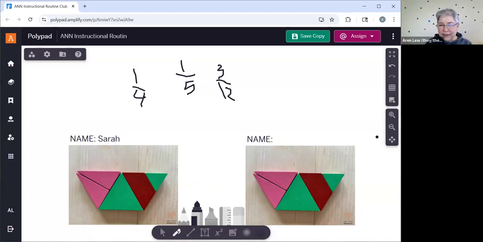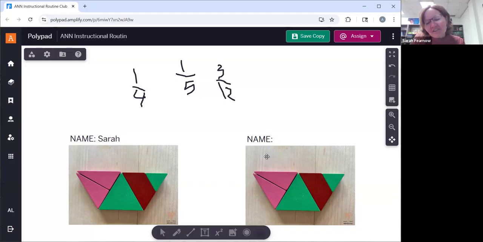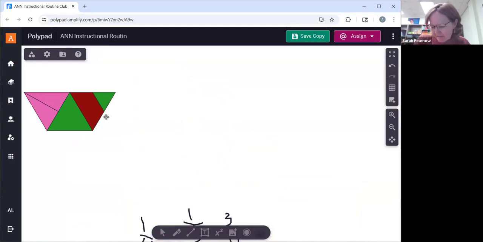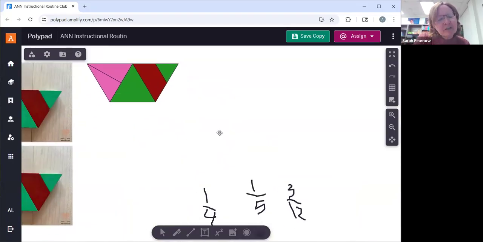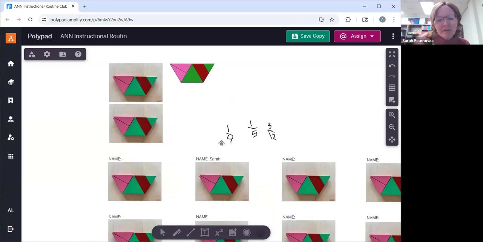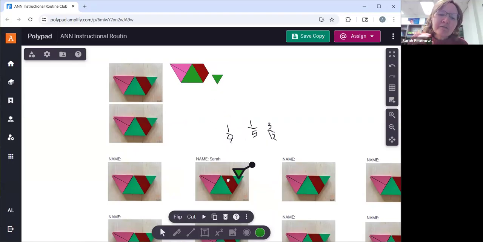And so I was thinking about how many of these little triangles. I don't have the big green triangle or the pink ones, but I was thinking about how many of these little green triangles would fit in each of those pieces. So if three of them fit in the red piece, plus there's a fourth top one, that makes it equivalent to the big green triangle.